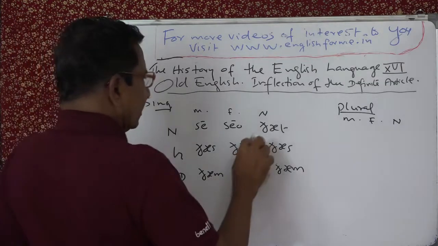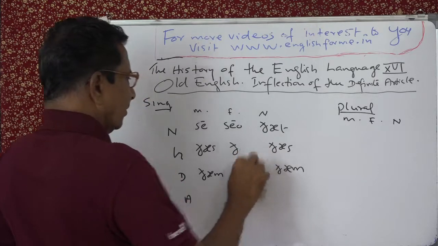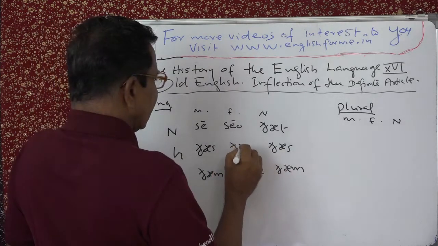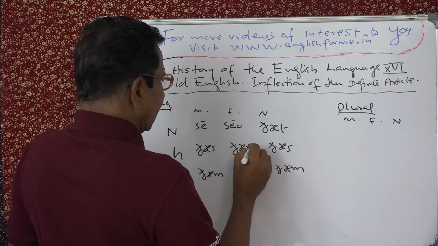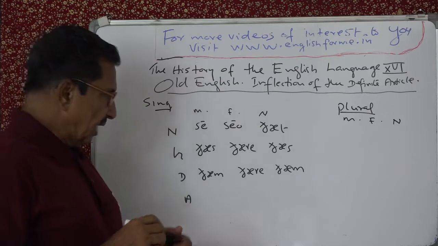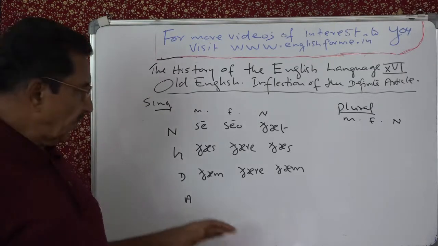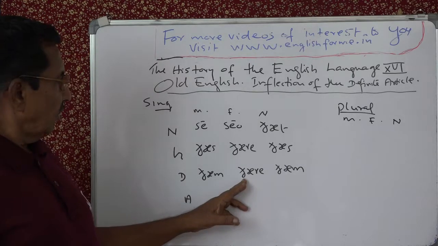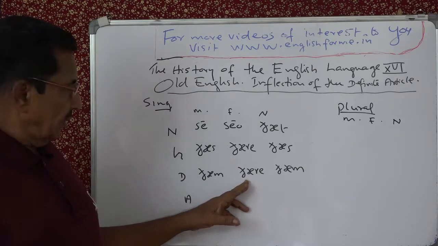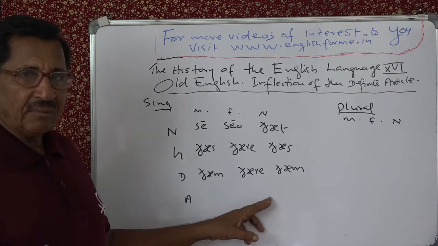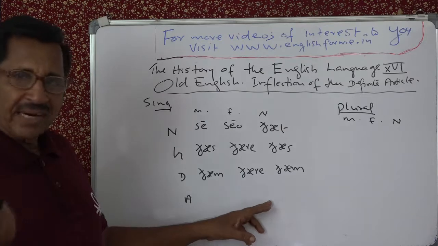Sorry for the inconvenience caused to you. Thaere, this one. Thaes, thaere, not the other one. So tham, thaere, tham. If you want to say to the stone, tham stane. Or to the girl, you have to say thaere maegden, maiden.